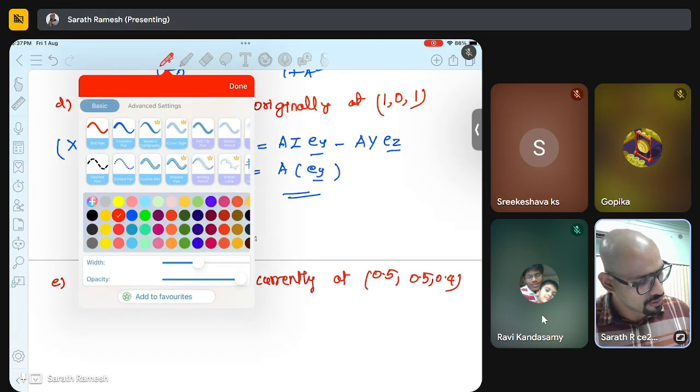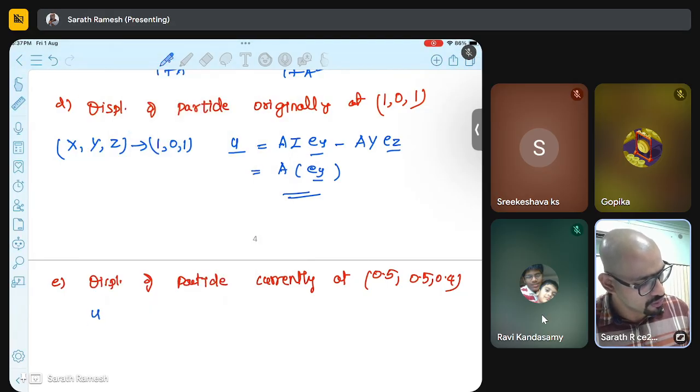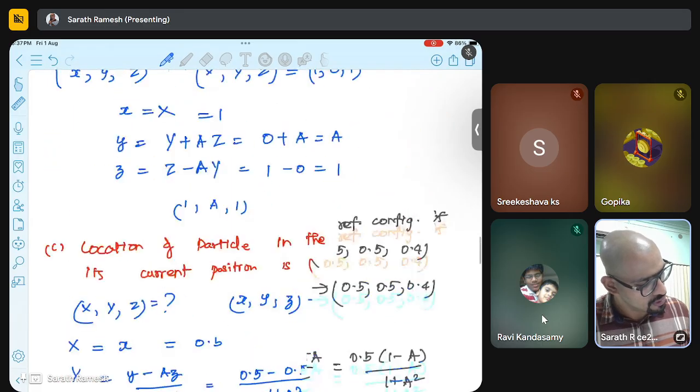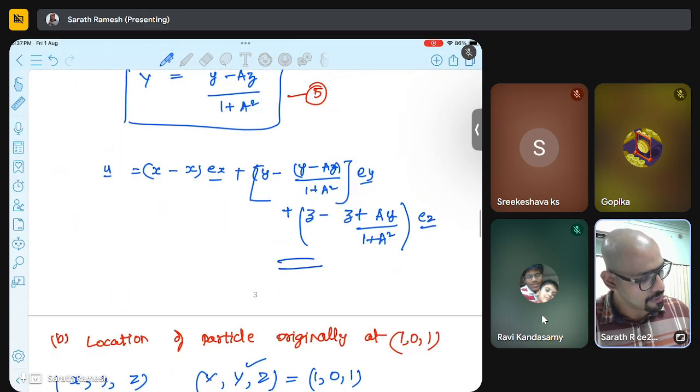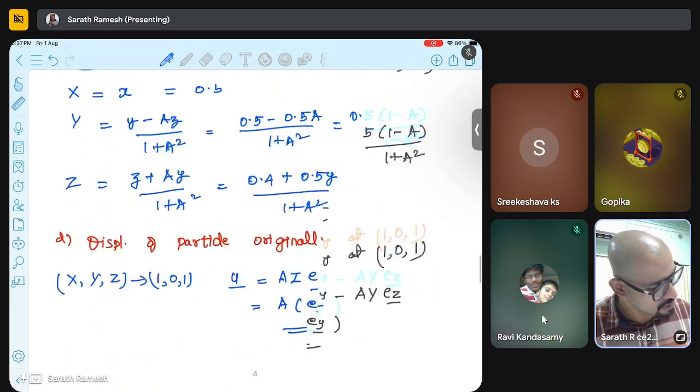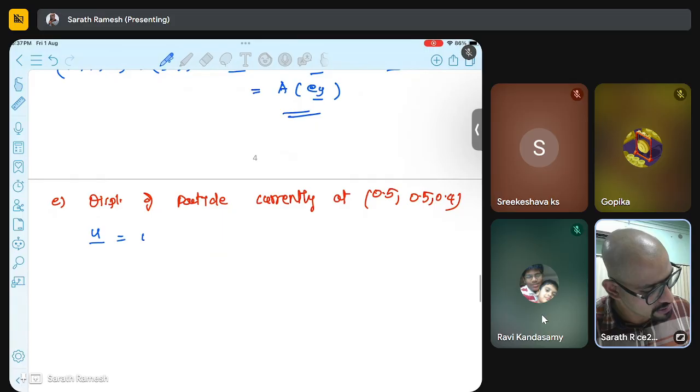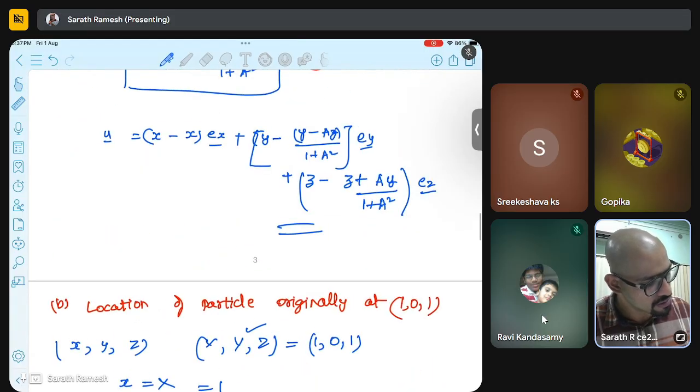Again, we already know the displacement u is equal to small x minus capital X, so 0 ex plus, for y minus, okay, this we have to simplify, right? Let me simplify it here so that it's easy.